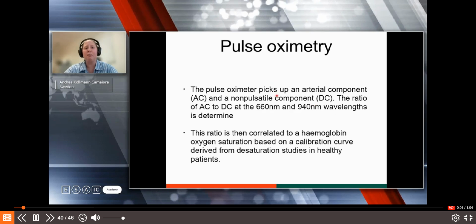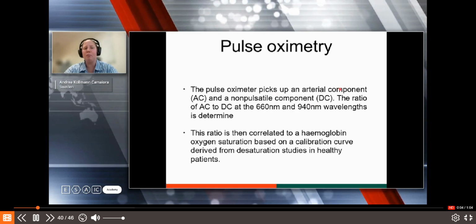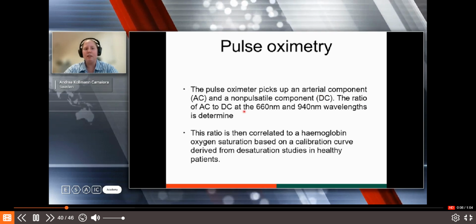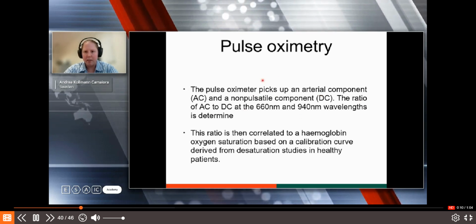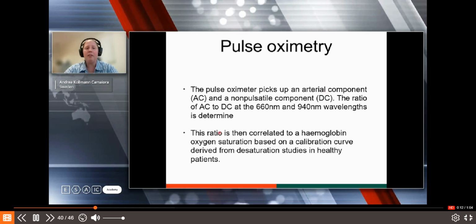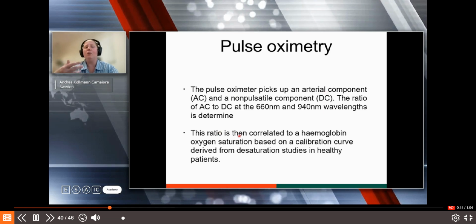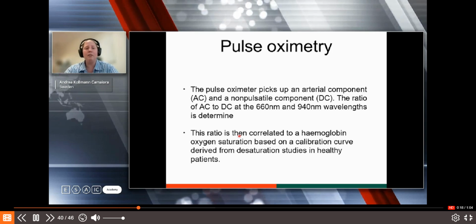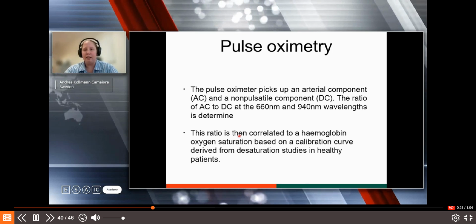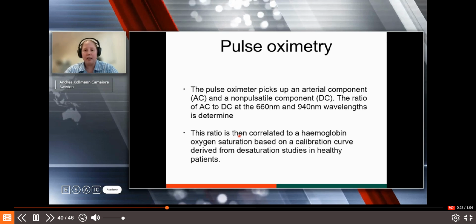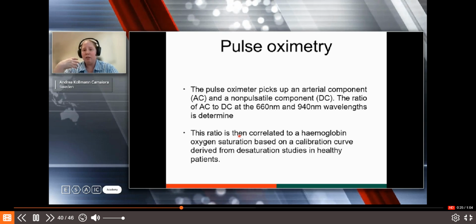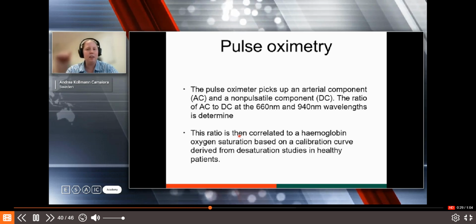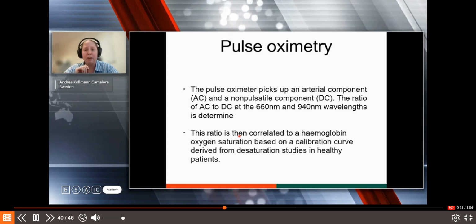The pulse oximeter picks up an arterial pulsatile component and a non-pulsatile component, and the ratio of these two at these wavelengths is determined. And then the ratio is correlated to a hemoglobin oxygen saturation based on a calibration curve on healthy individuals. So what they did is basically they asked participants not to breathe, and they saw how much they desaturated and how the wavelengths performed.